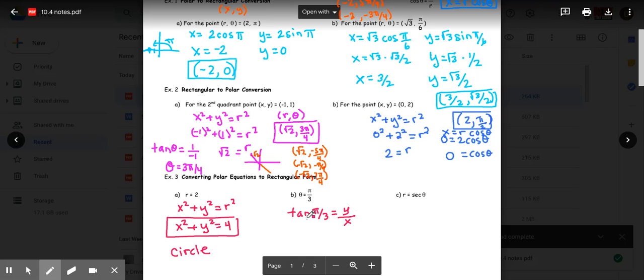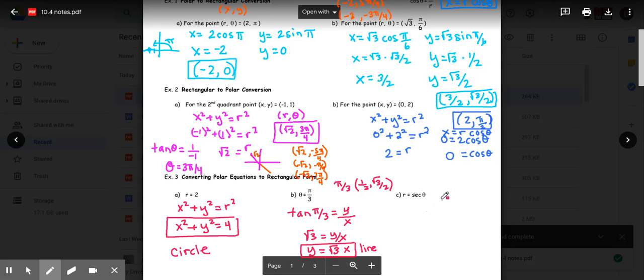Well, tangent of pi over 3 is root 3 over 2 divided by 1/2. So when we do y divided by x, we're just going to get root 3. And so if we solve for y, we get y equals root 3 times x. There you go. This is just an equation for a line.